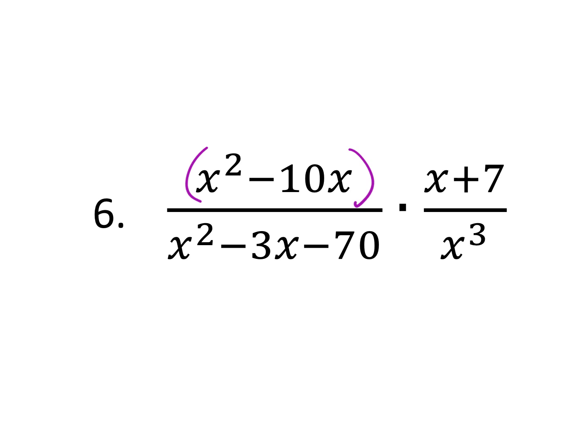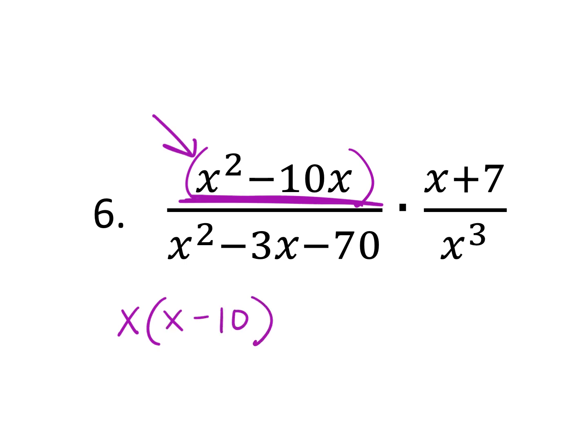What can you do to that? Caleb, you got some thoughts on it? What can you do with this? You can divide by x, and then it becomes x in parentheses x minus 10. You can factor out an x. You get x minus 10.